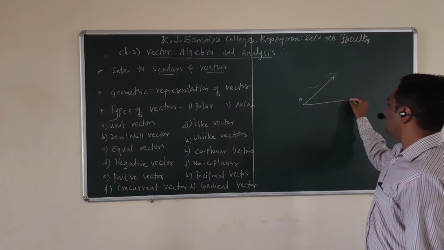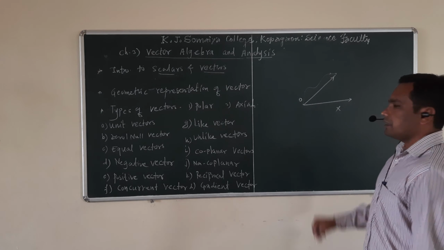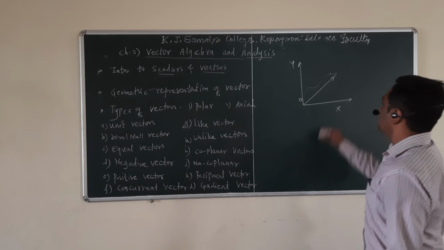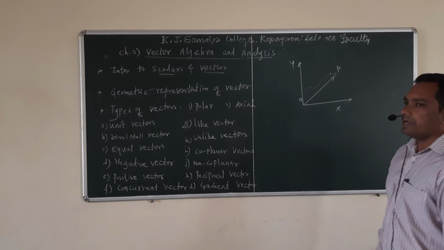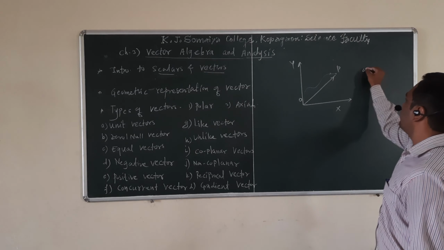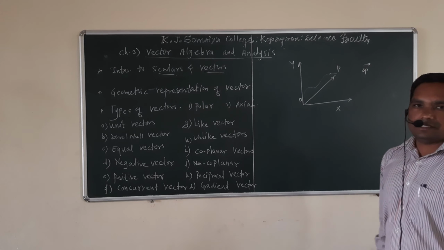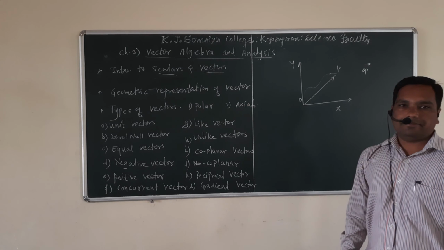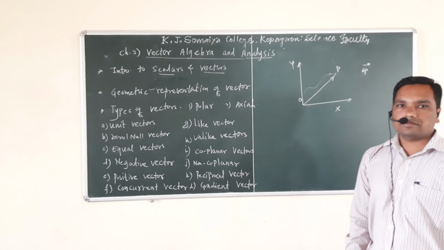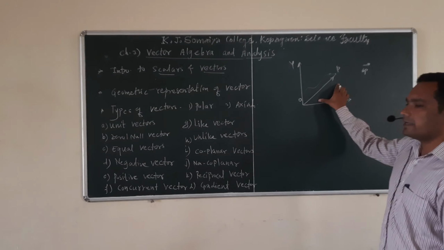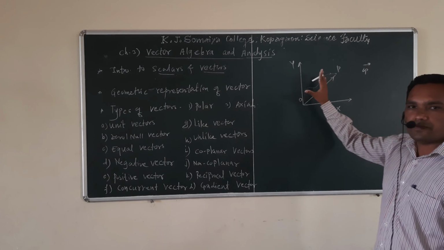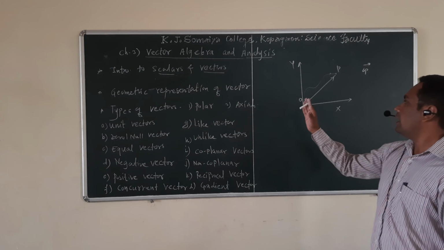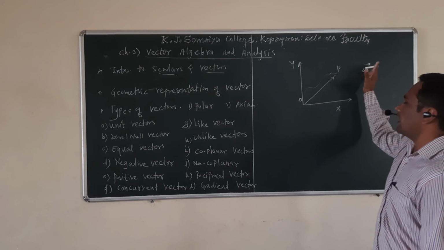We can take any horizontal axis as x-axis, vertical axis as y-axis, and suppose this final point is P, then we say vector OP represents the displacement vector of that ant.